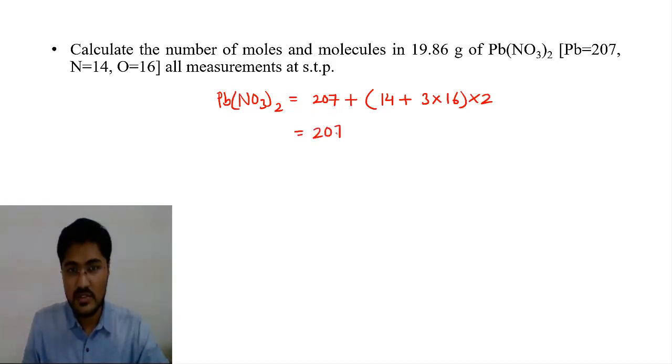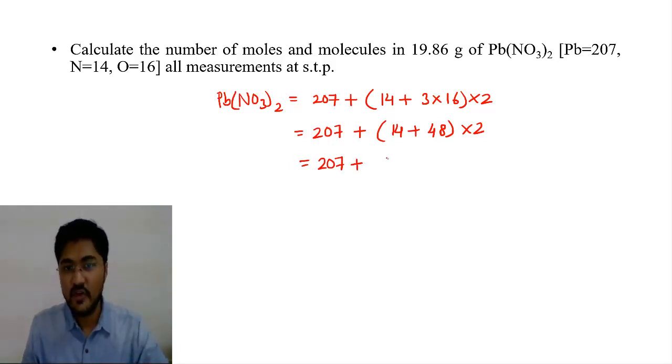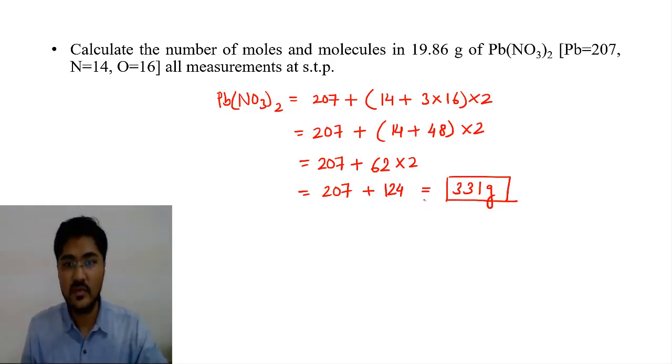This comes down to 207 plus (14 plus 48) × 2, which is 207 plus 62 × 2. This will be 207 plus 124, and finally you get 331 grams. So the molecular weight of Pb(NO3)2 is 331 grams.